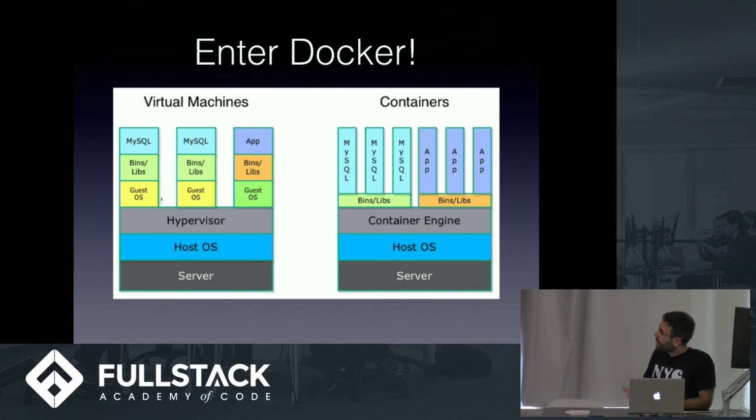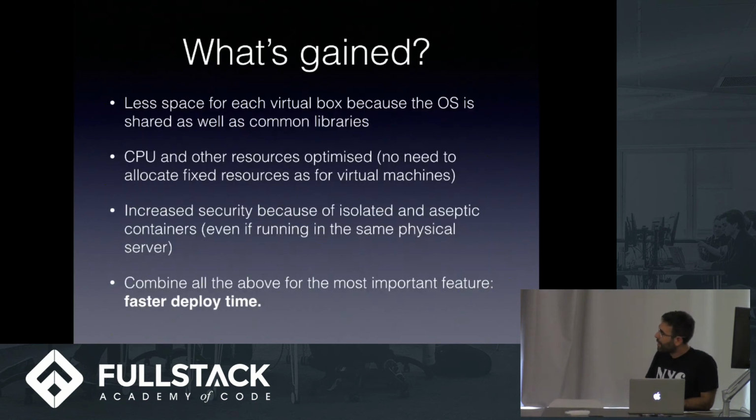And on the right side we have Docker, and as you can see, you don't need to repeat the operating system, so if you had to run 3 instances of MySQL, you may even share the same MySQL library. Last slide.